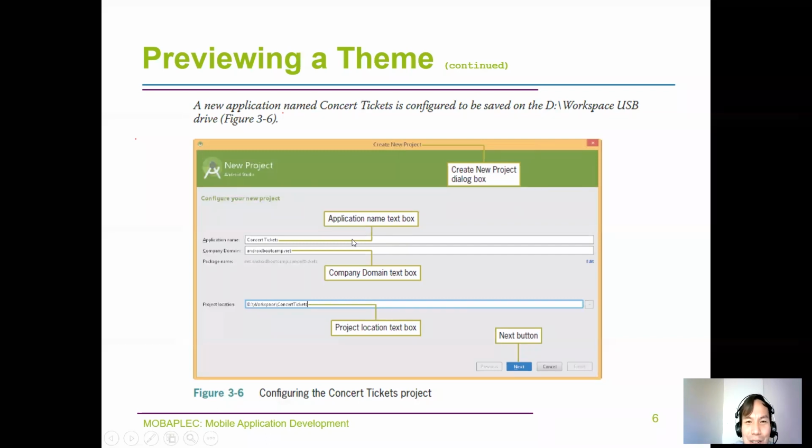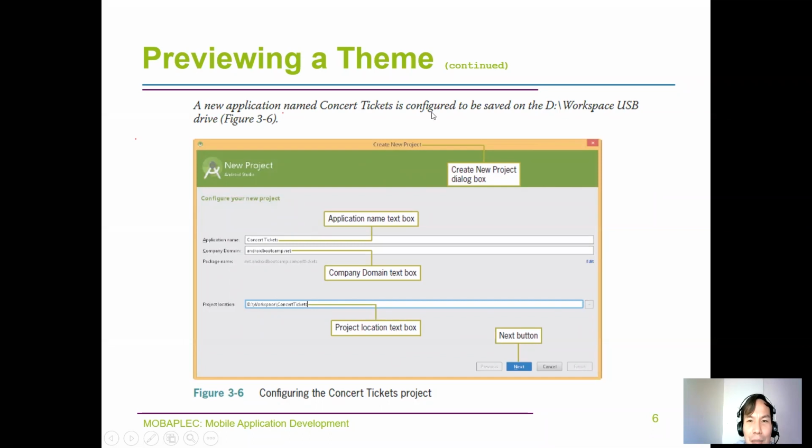Okay. So we have the project location. By default, Android Studio actually creates a folder. So that's the project location created. You can see if you create a new project, automatically it will default you with the name of the project, followed by the next button.